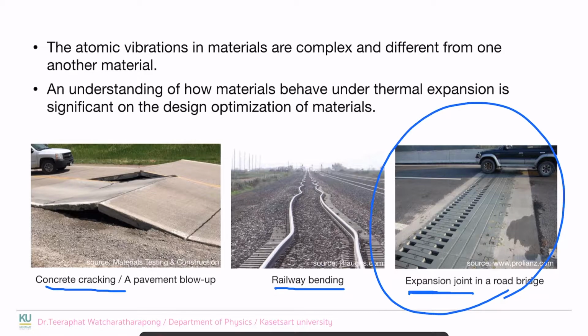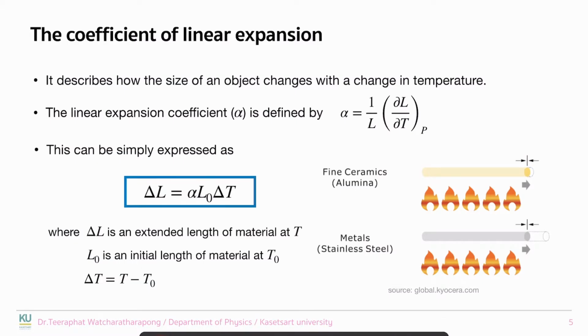Anyway, to describe the nature of thermal expansion, there is one physical quantity that we should know about. It is the coefficient of linear expansion. Basically, thermal expansion occurs in all dimensions of matter. To make it easier for us, in this experiment, we will only study the expansion in one dimension.